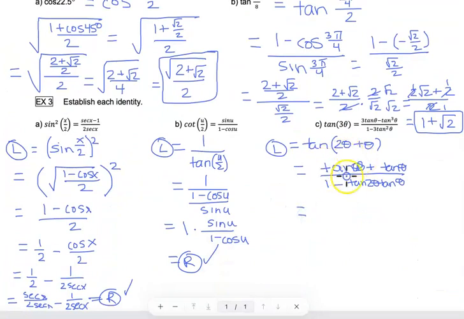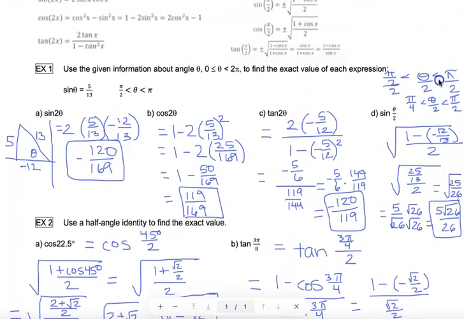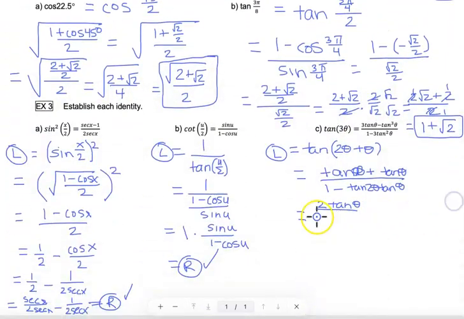So this guy right here is going to become 2 tangent theta over 1 minus tangent squared. And then this guy, of course, is just still tangent theta.